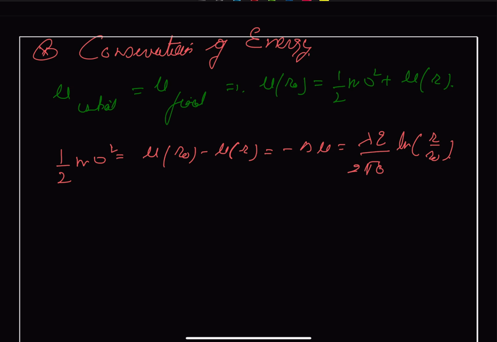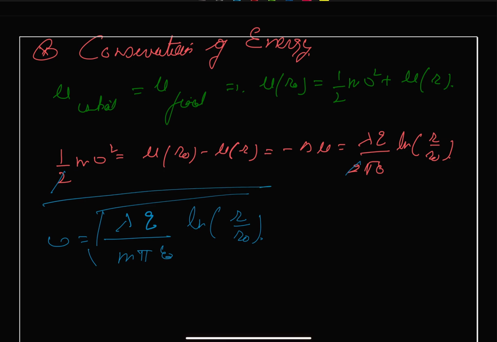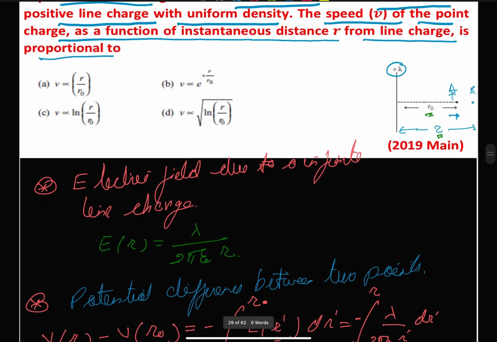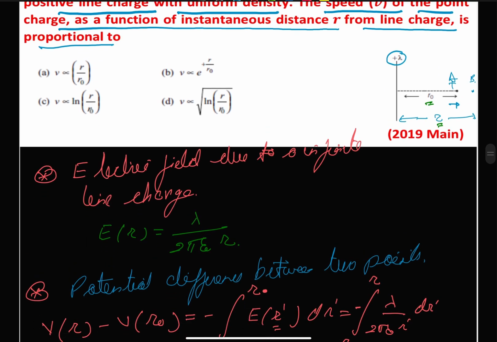Here 2 goes with 2. So v will be equal to the square root of lambda Q upon m pi epsilon naught natural log of r upon r naught. This is the velocity equation, the relationship, so v is proportional to the square root of natural log of r upon r naught.